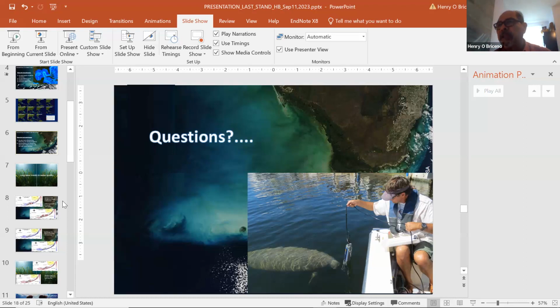They lost all the seagrasses. They tried to control the input of nutrients, and they did, but they didn't get the seagrass back. They haven't after 30 years. So that's the kind of thing that sometimes happens. We go beyond a threshold, and then sometimes the system cannot go back. So what could we at Last Stand do?